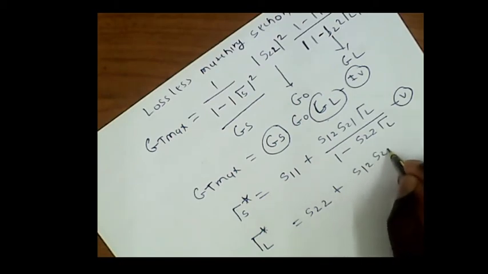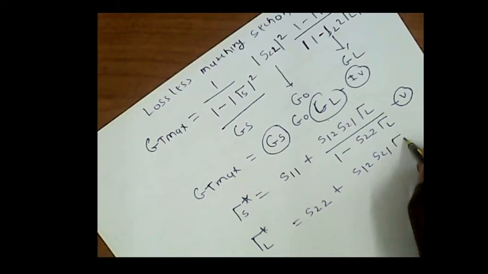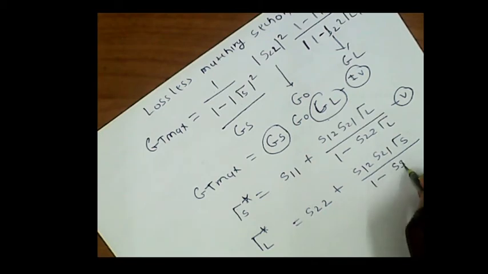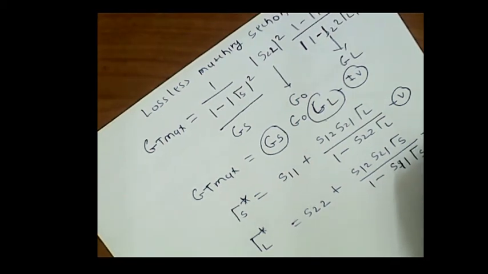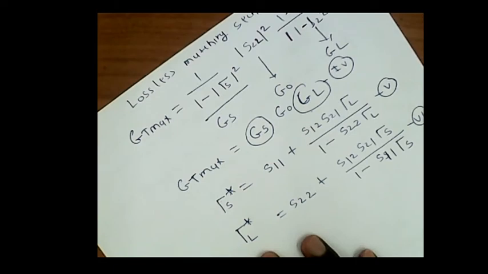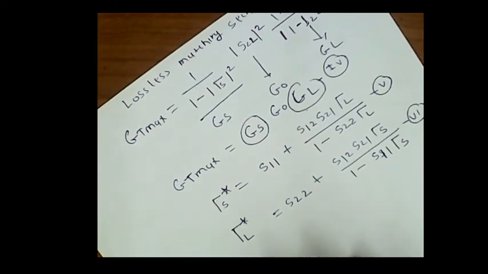So S22 is equal to S22 plus S12 S21 gamma S divided by 1 minus S11 gamma S. So this is equation number 6. From these equations we can find the values of gamma S star and gamma L star.